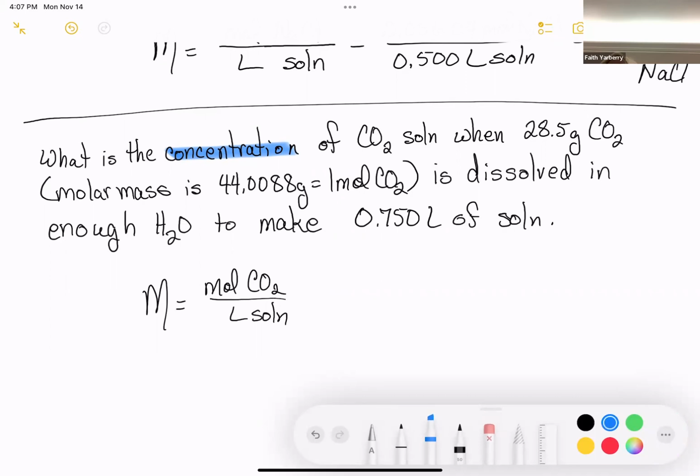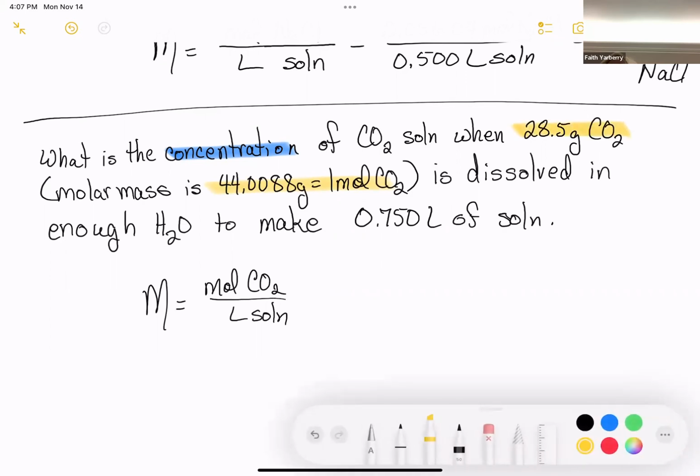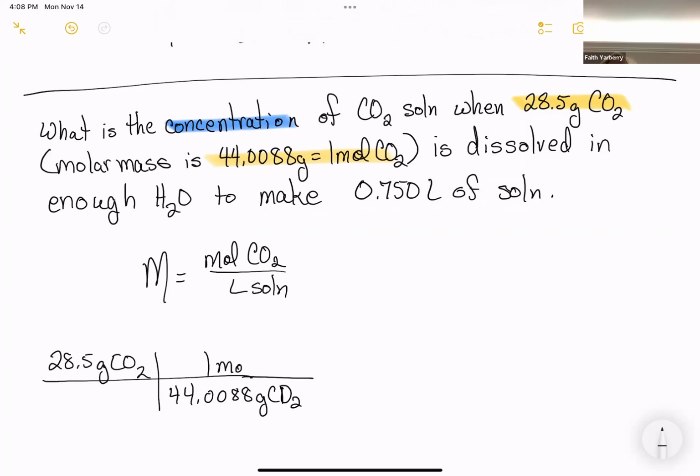Since I have grams of CO2, I'm going to start with the grams of CO2 and its molar mass, which I gave you. 28.5 grams of CO2 can be converted into moles of CO2 using the molar mass, which is 0.647598 moles.